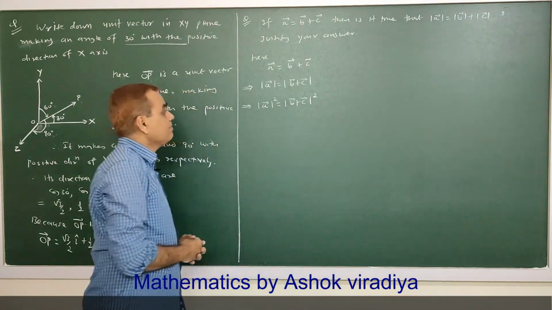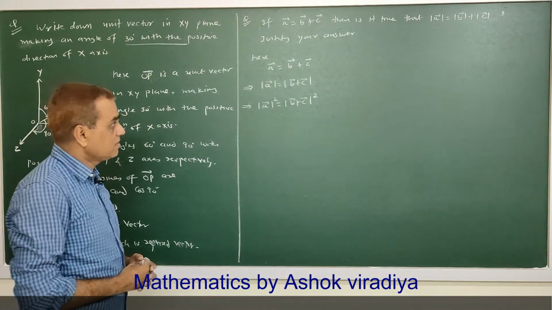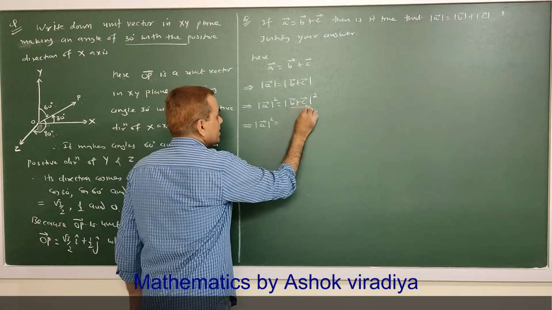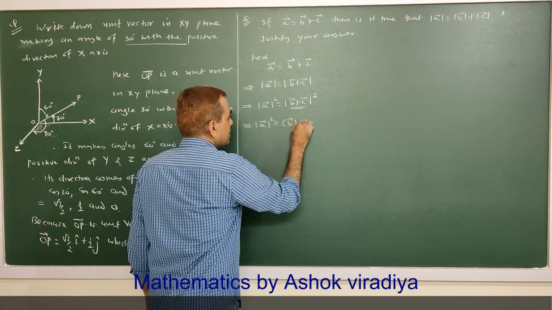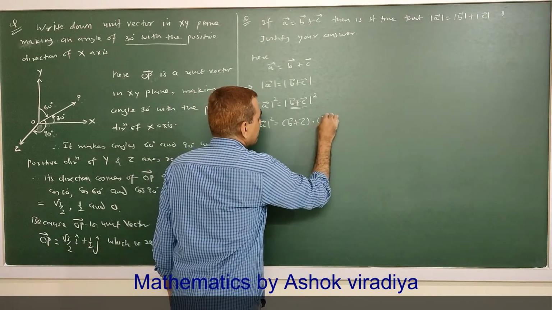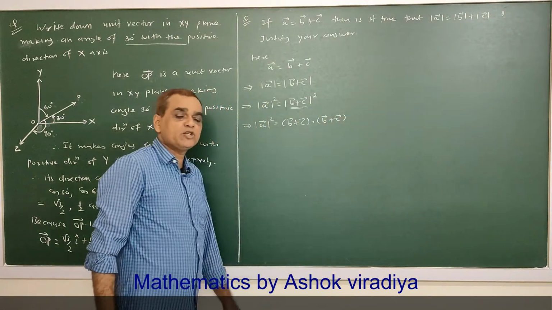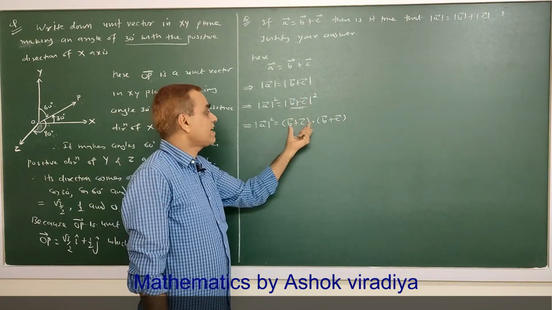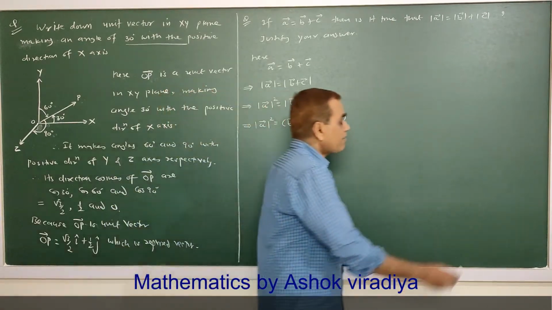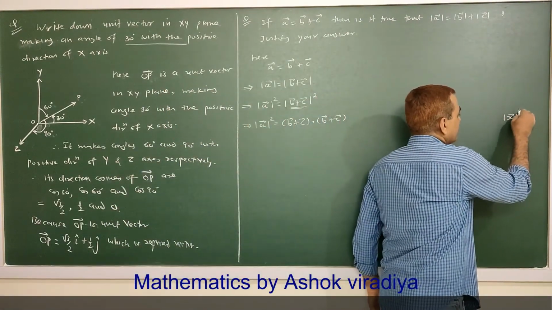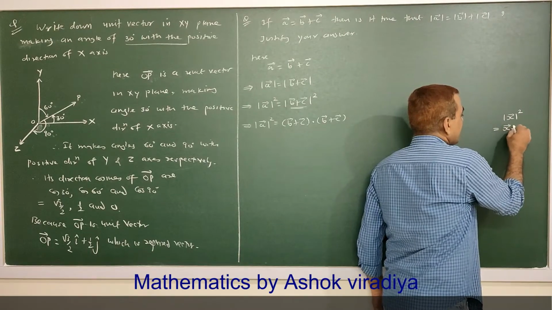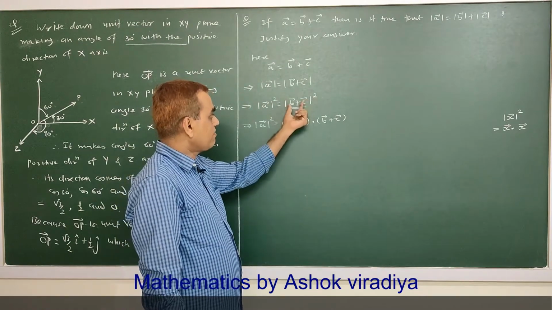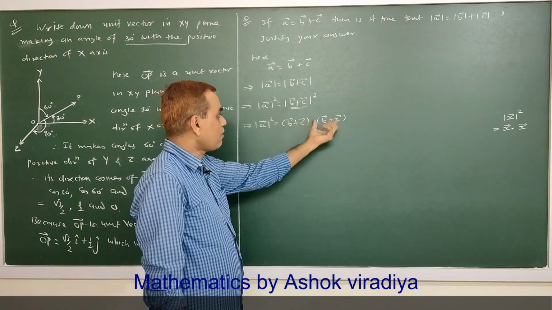So magnitude B plus C whole square is equal to magnitude A square, which is vector B plus C dot vector B plus C. We are using the property that magnitude of vector x square is vector x dot vector x.